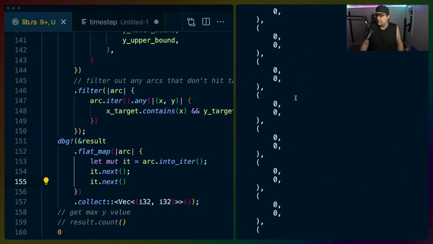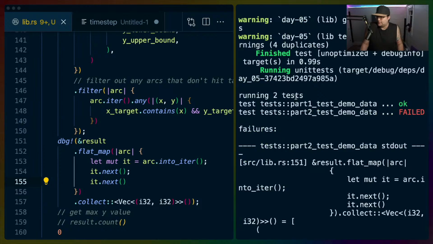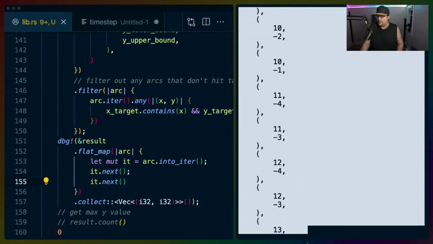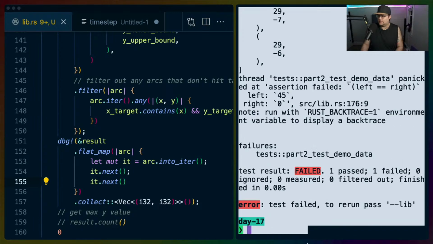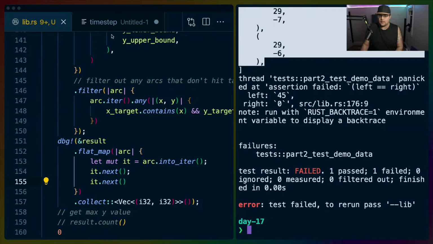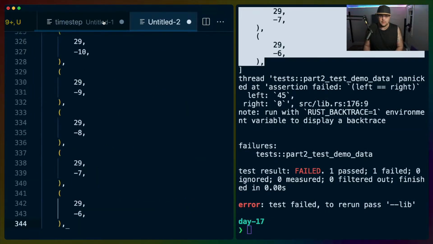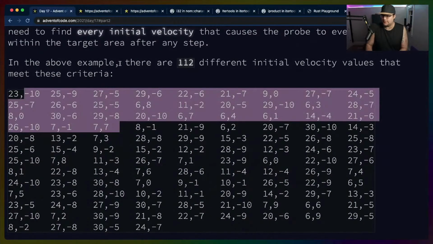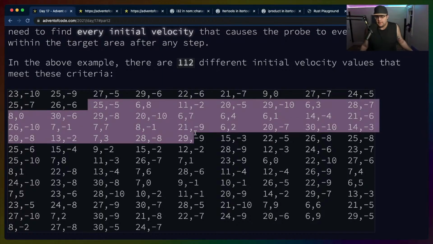So this is a bunch of points and stuff. So let me grab this. And the comparison here is going to be super annoying to deal with. 6-0, 6-1, 6-3. This isn't sorted. That's really annoying.